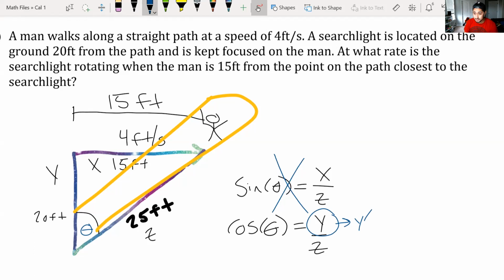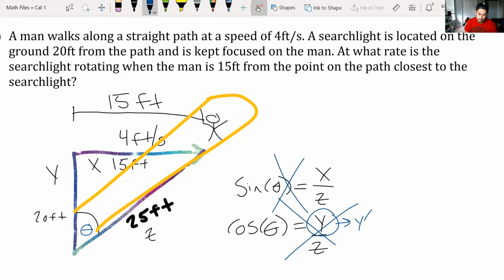Is there a reason to have a y prime? No, because no matter what, the pathway is still going to be 20 feet. The pathway is not changing. Since there is no change, y prime would be 0, and that would zero out the whole equation, giving us nothing.